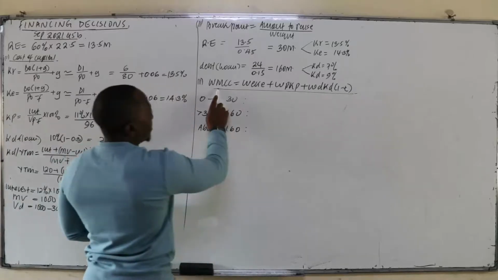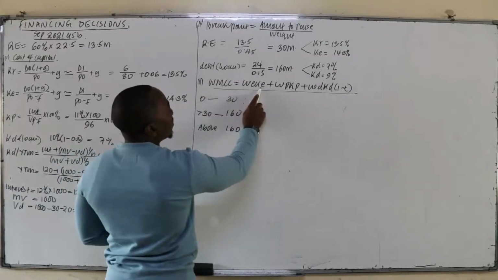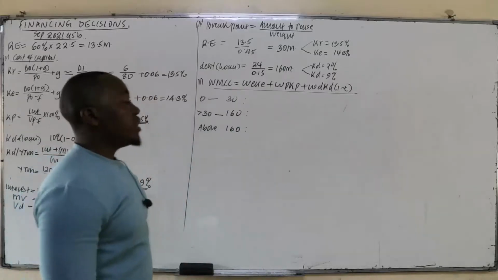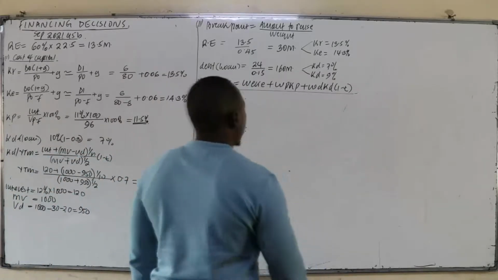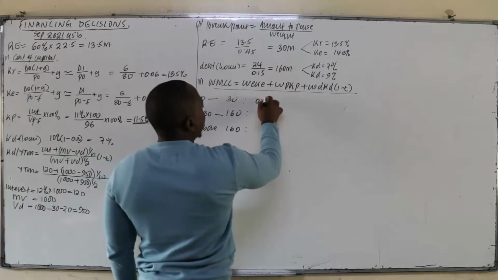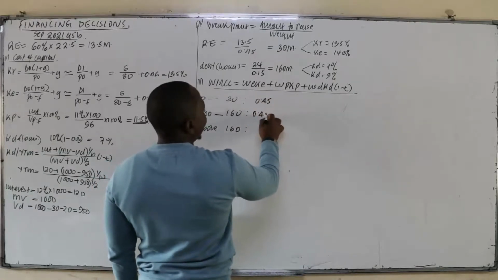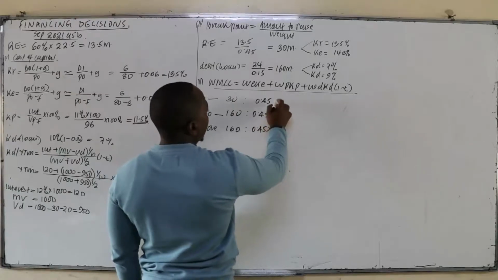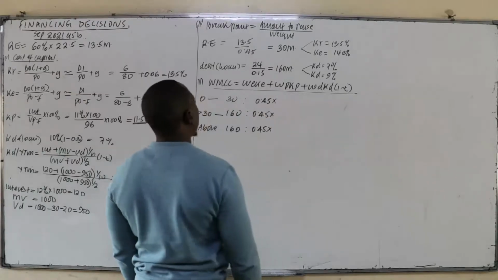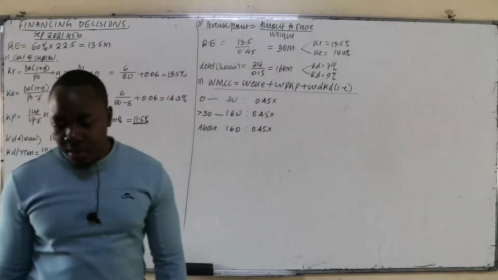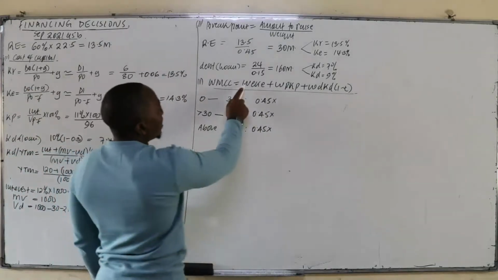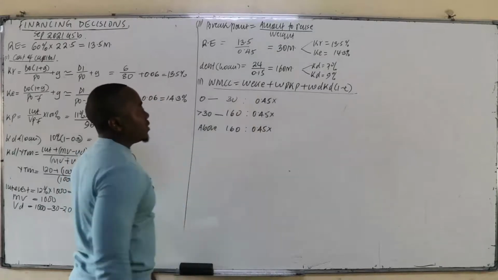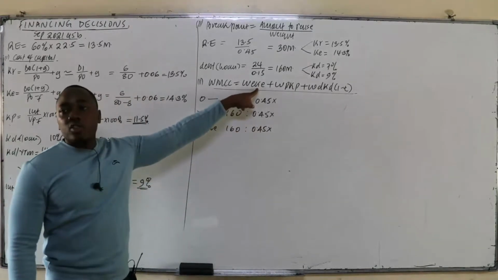How do you get the WMCC? You take the weight of equity, cost of equity. Can you go to note number 9? Give me the weight of equity. Is that 45? So weight of equity, I've taken 0.45. Weight of equity, cost of equity. Now reason here. Cost of equity, there are 2.